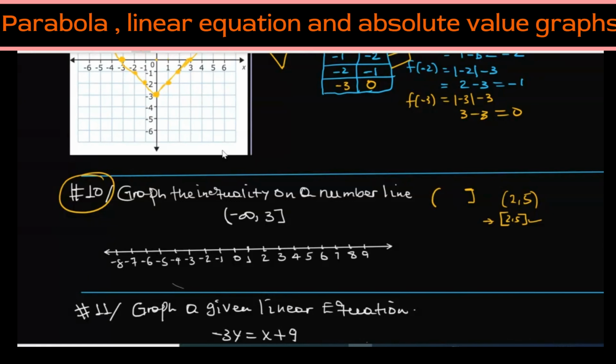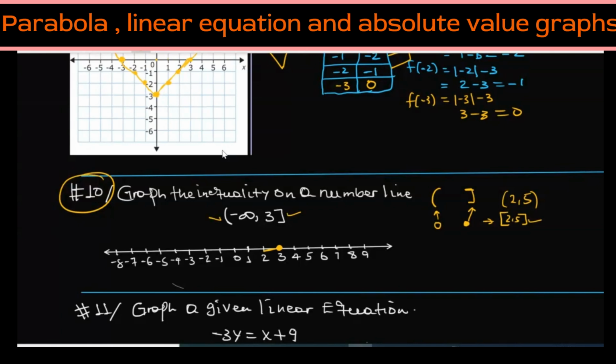When you look at this, this is the right side, this is the left side. On the right side you go to 3. Since 3 is included, I can just do the heavy dot, not a bubble. We can treat the bubble as similar to the parenthesis, and the heavy dot as the same as the square bracket. On the negative side, it is going to negative infinity.